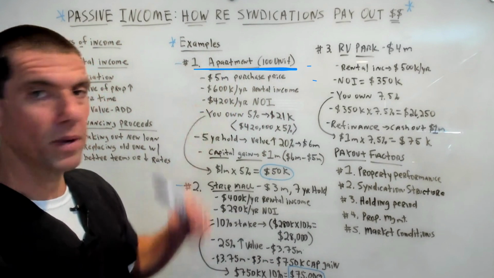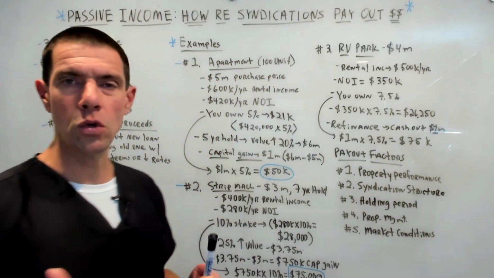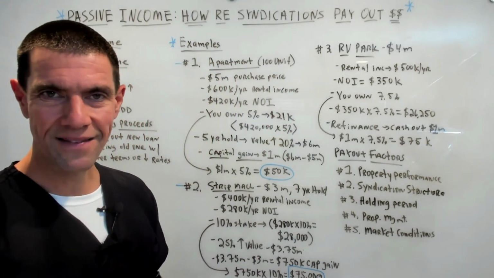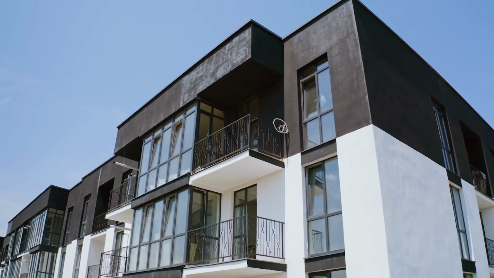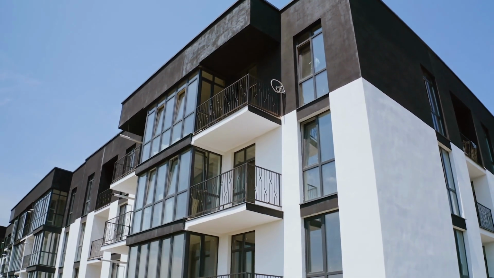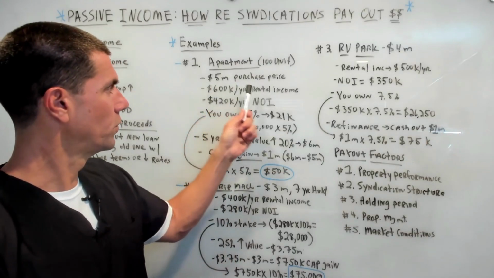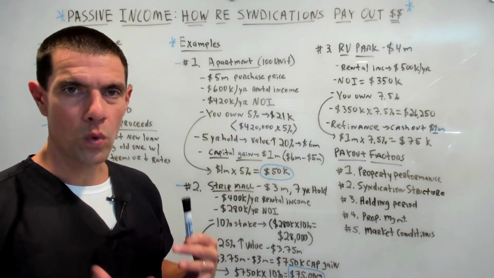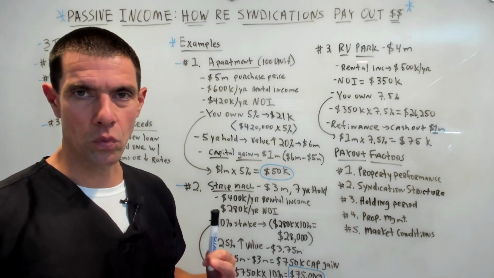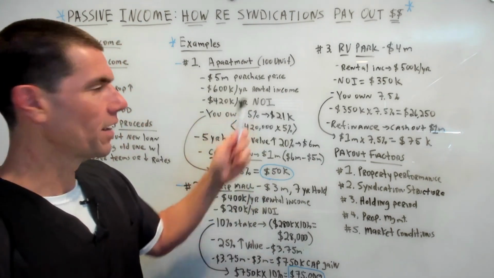Now that we've gotten that out of the way, let's start off with number 1, and that is going to be an apartment complex. All right, so let's say you invest as a limited partner in a syndication and they acquire a 100-unit apartment complex in Florida. The property initially is purchased for $5 million with a projected annual rental income of $600,000 a year.